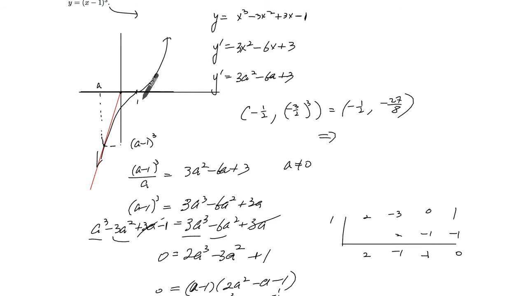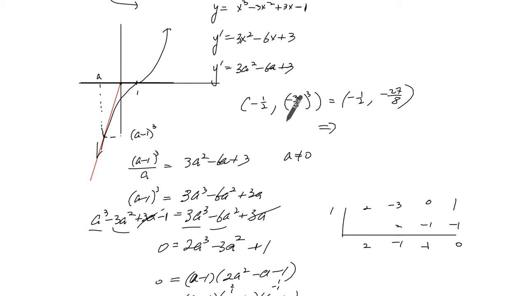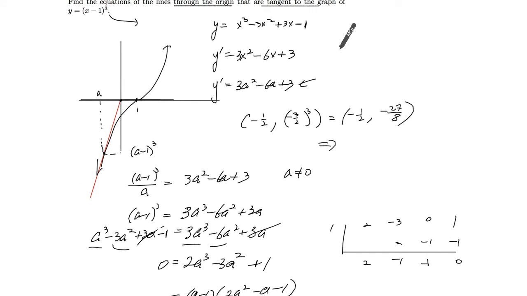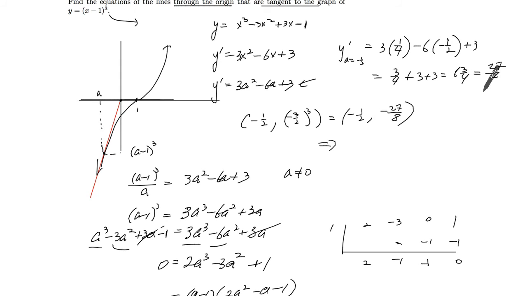Okay, and the slope, we can plug it in right here, when a is equal to negative half. So it's 3 over 4 minus 6 times negative half plus 3. So 6 and 3 over 4, or is that 27 over 4?